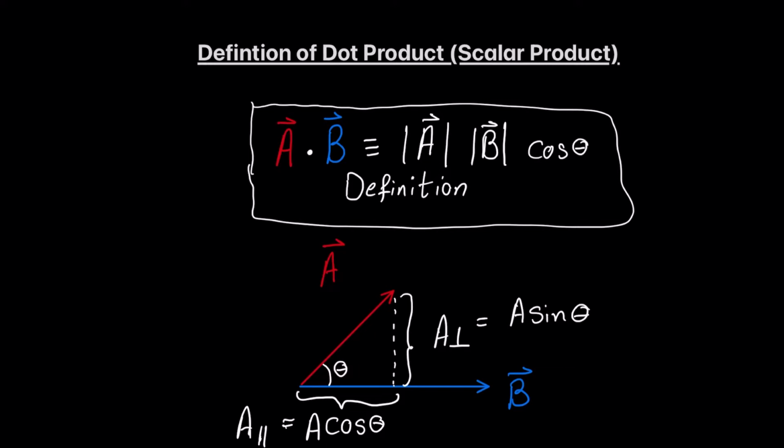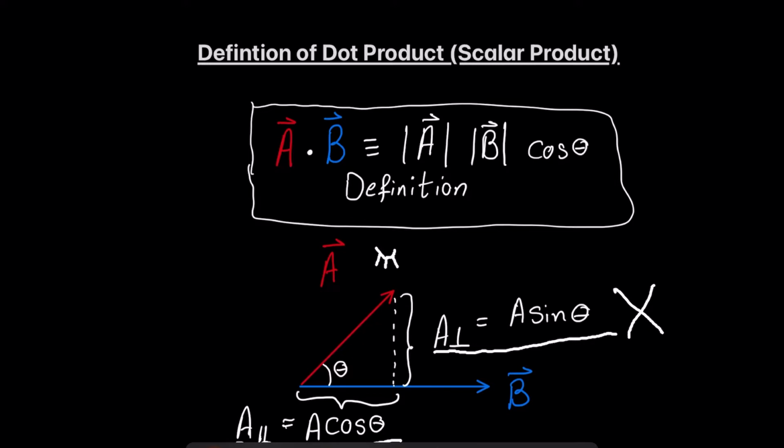So A parallel, which is A cosine theta, is the component of A that's parallel to vector B. We also have another component, which we're going to use in the cross product or vector product in another video, called A perpendicular, which is A sine theta. This is not the one we're using in the dot product. That's for the cross product.